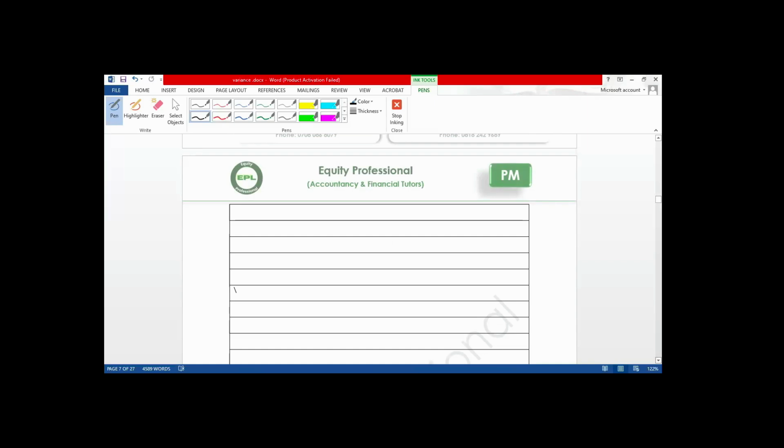We now have number 4 category: fixed production overhead variances. This can be subdivided into two.